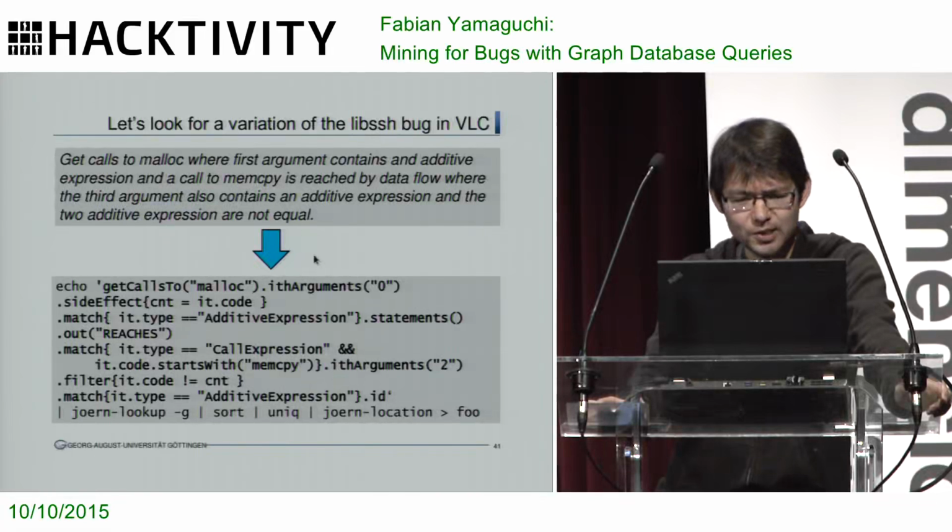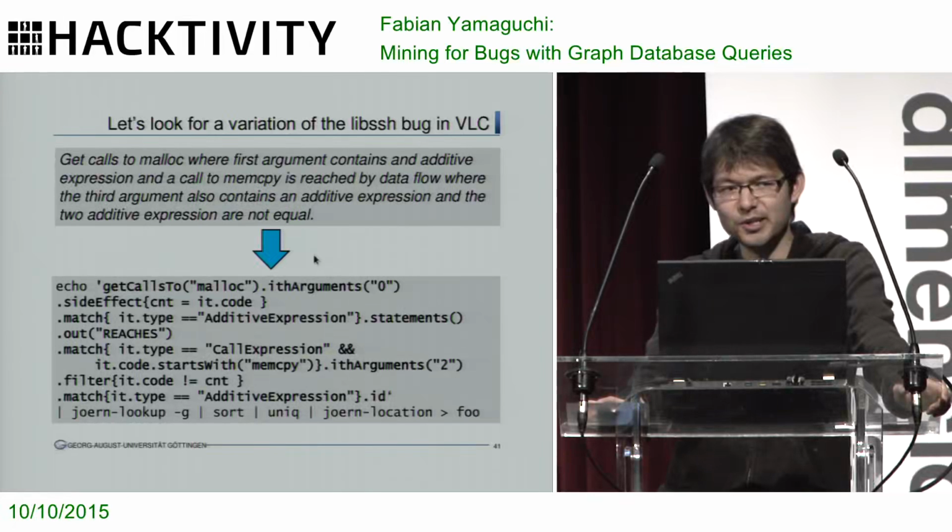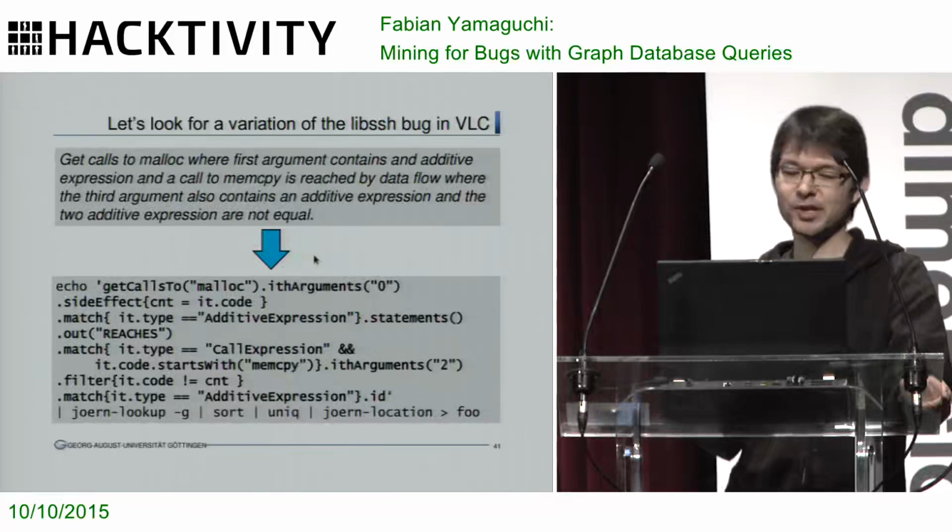Let's see, yeah, what's the idea? The idea is that the size that's being calculated is unequal to that of the buffer that's being reached, and it's pretty unsafe because you're doing the additions directly inside the allocation and in the copy call. Now here's what that would look like as a query.